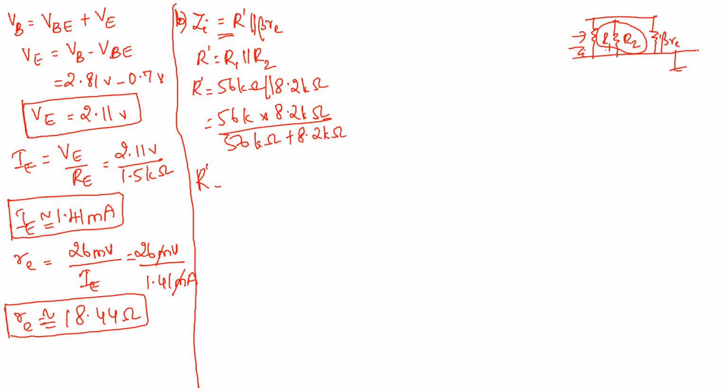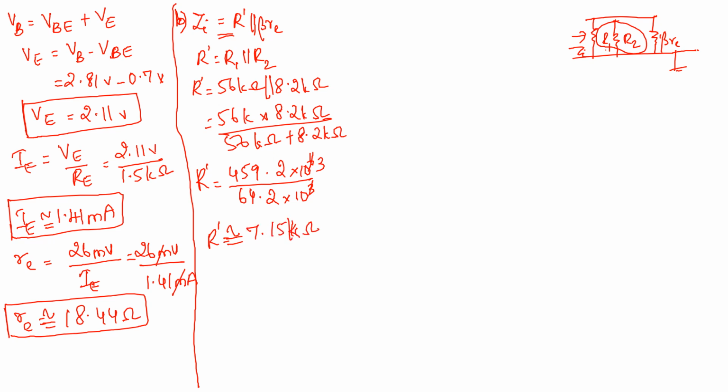So R dash will be approximately equal to 459.2 into 10 raised to 6 divided by 64.2 into 10 raised to 3, right? So this will get cancelled. So you will get R dash approximately equal to 7.15 kilo ohm.